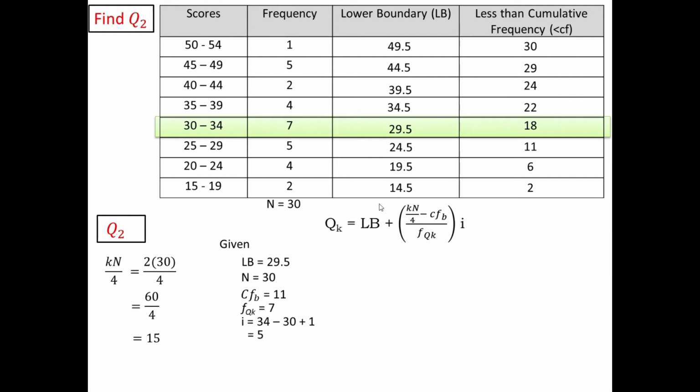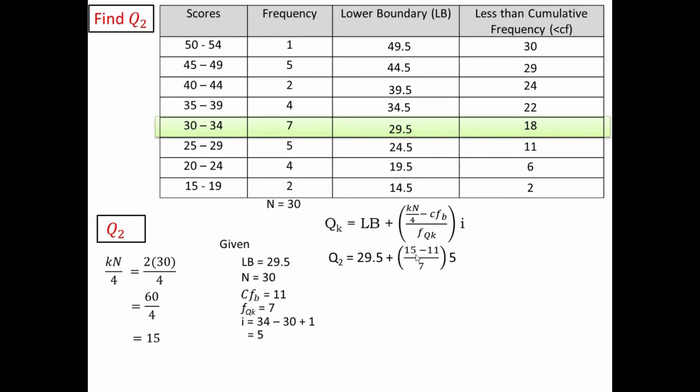Nakuha na natin ito, so pwede na nating i-substitute sa ating formula. This time, si Q sub K magiging Q sub 2 na yan. Si lower boundary, 29.5. Si Kn over 4, na-compute na natin, ang naging value natin kanina dyan, 15.